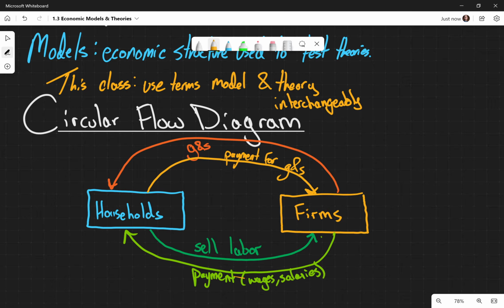And it's important for us to also keep in mind that just because somebody is in the household camp doesn't mean that they're also not playing the role of a firm, right? The CEO of a company is also part of a household.